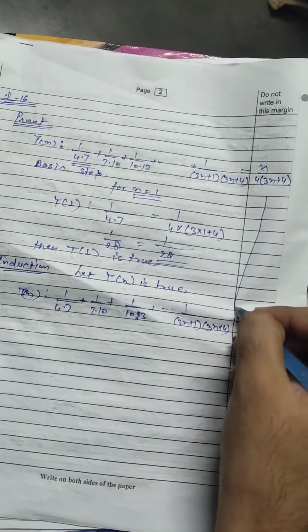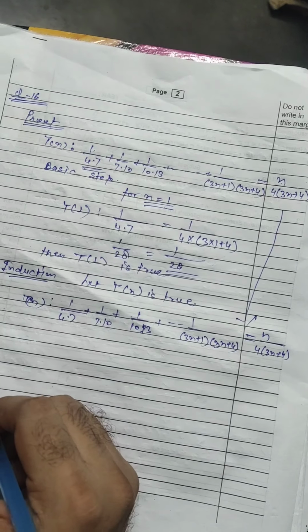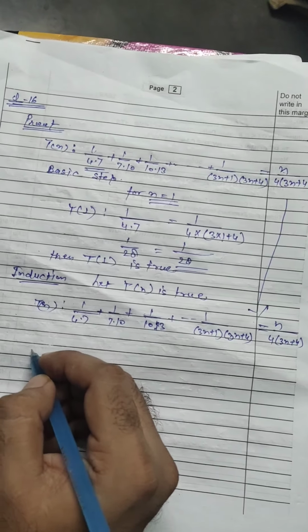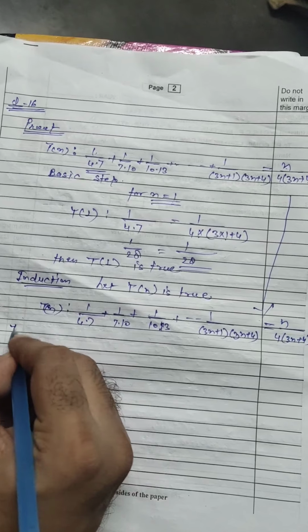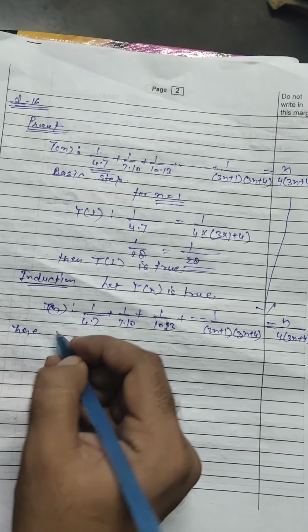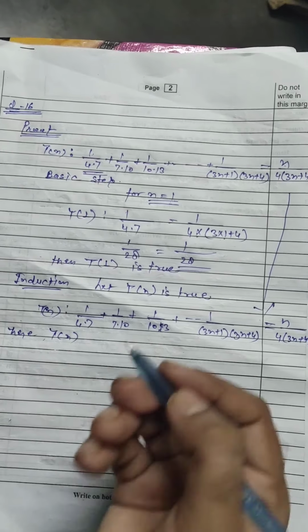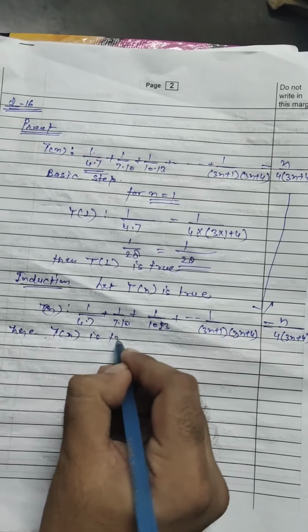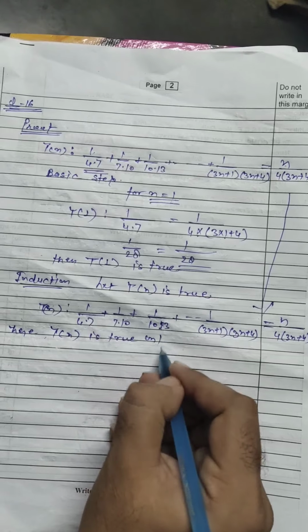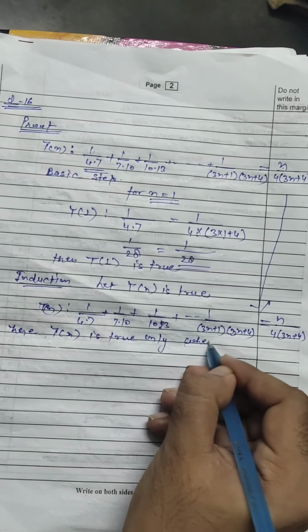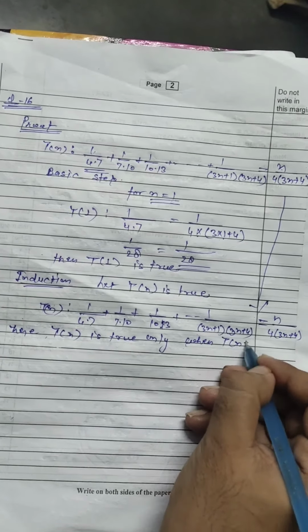I have just written down this thing. Now here we will write, Tn is true, this Tn is true only when T of n plus 1 is true.